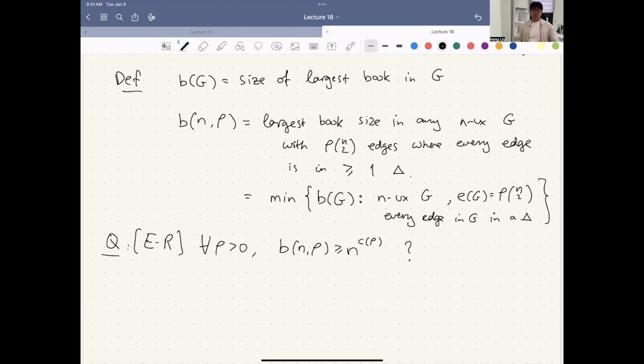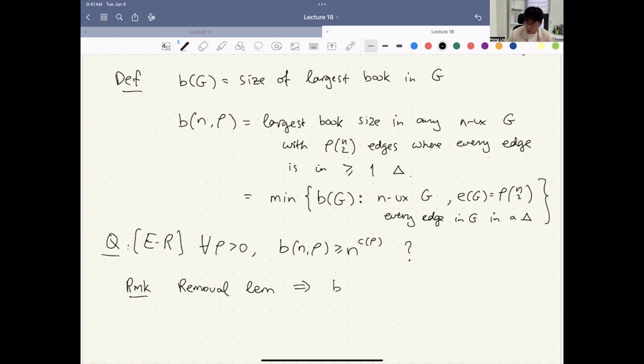Okay. Seems not completely impossible. First of all, a remark: by the removal lemma, one can indeed find a large book if every edge is in at least one triangle.